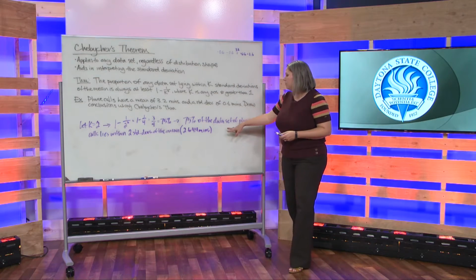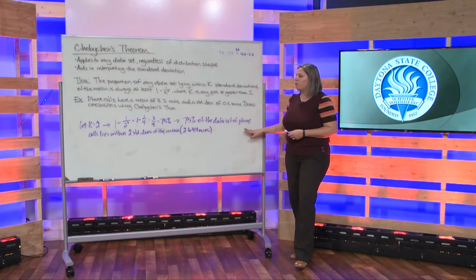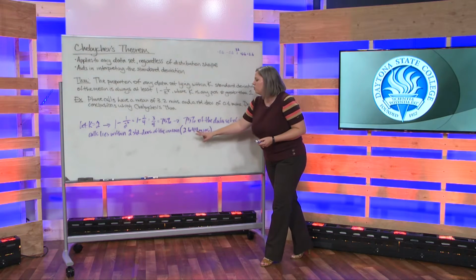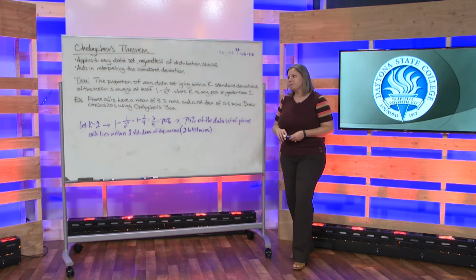So again, 75% of the data set of phone calls lies within 2 standard deviations of the mean, or 75% of the data set of phone calls lies between 2 and 4.4 minutes.